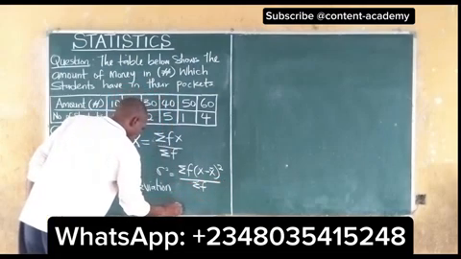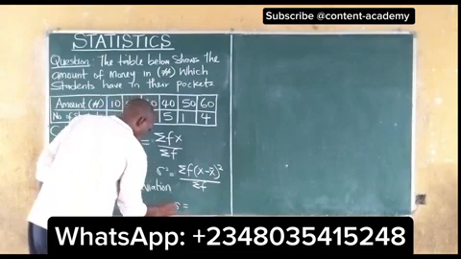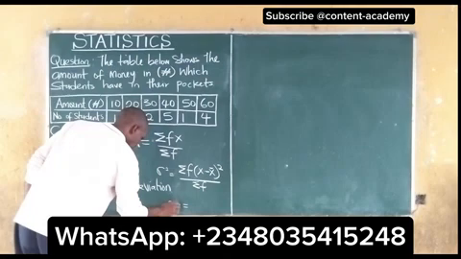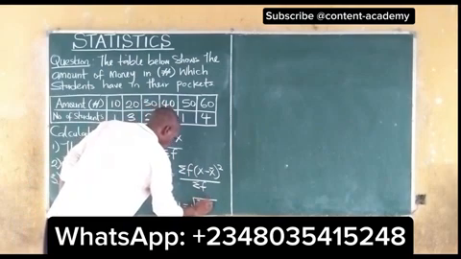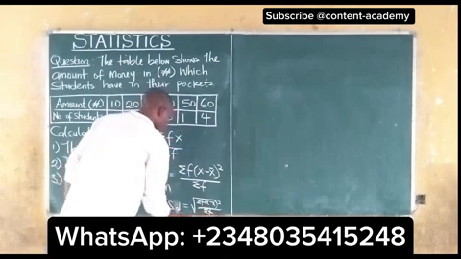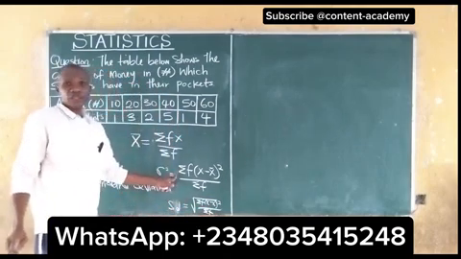And we have our standard deviation, or we'll write it as SD, to be square root of summation of f of x minus x bar squared all over summation of f. That means the square root of the variance.